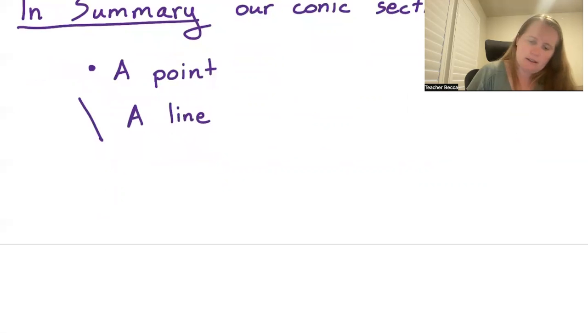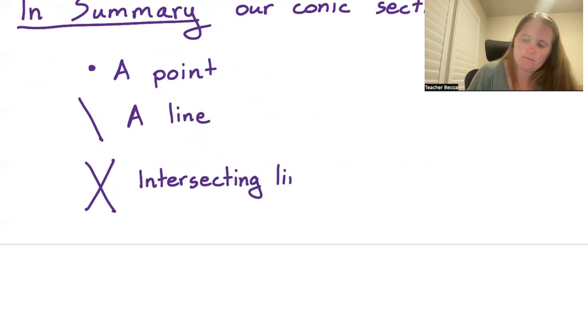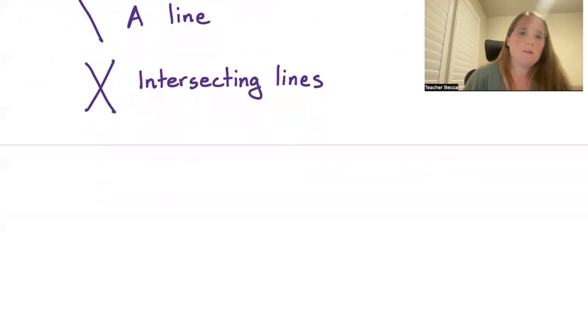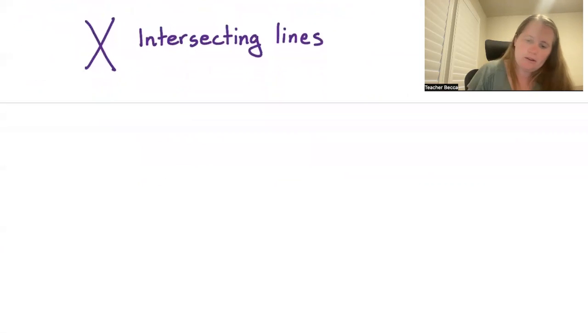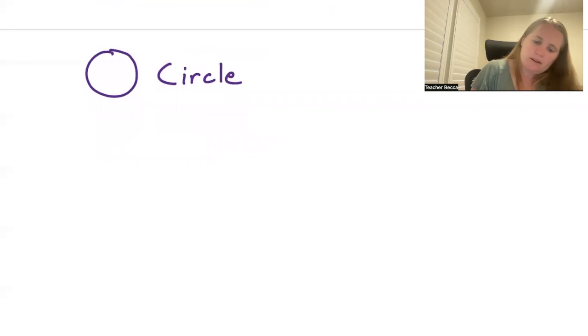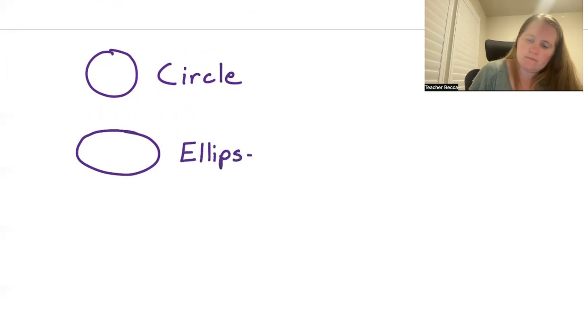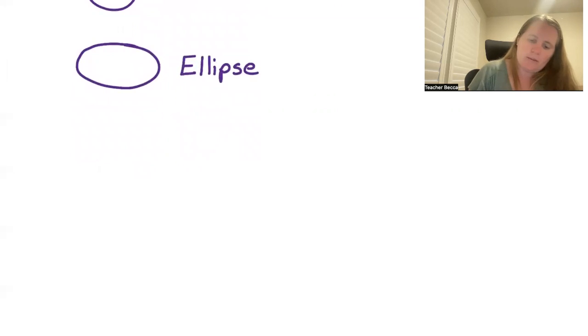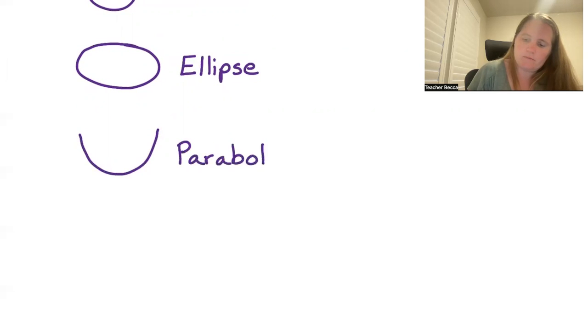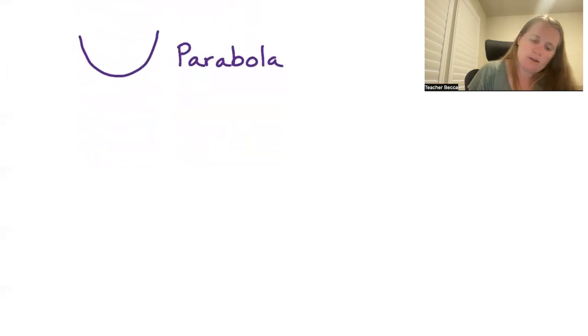We can get intersecting lines. We can get a circle. We can get an ellipse. A parabola. And a hyperbola.